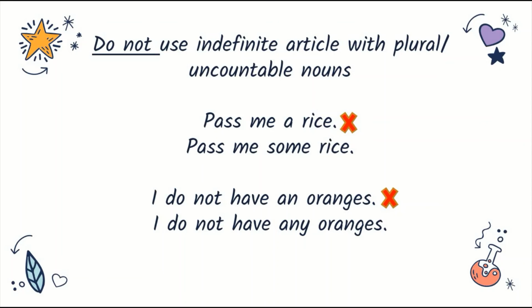We can say pass me some rice, give me a little sugar, I do not have any money, and so on. Also, when we use plural nouns, we do not use indefinite articles before them. I could say I do not have an orange, but make that plural and you cannot say I do not have an oranges. The right way to say it would be I do not have any oranges.